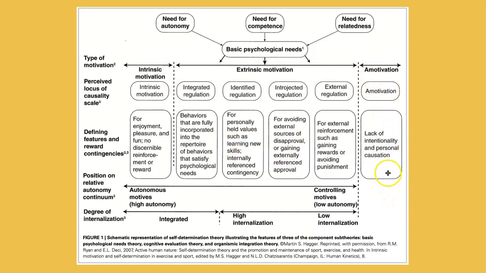There's no motivation at all, no intention or feeling that you have any control, all the way to the other end, which is people choose to do things because it's pleasurable to them. They don't have any kind of reinforcement or reward. And in the middle, we have this continuum of other things, from behaviors that are externally regulated all the way to ones that are internally regulated.